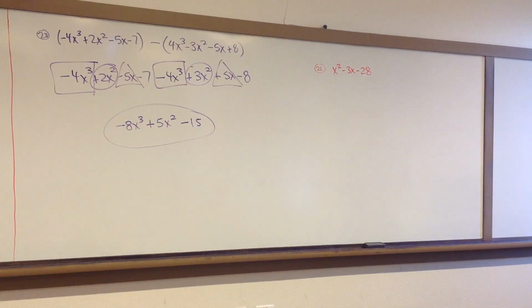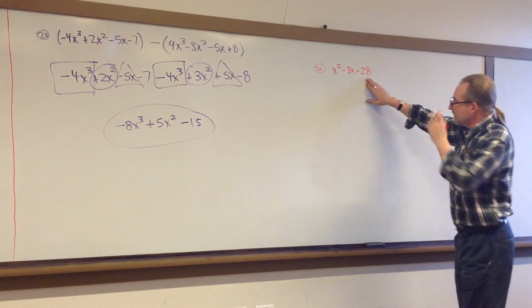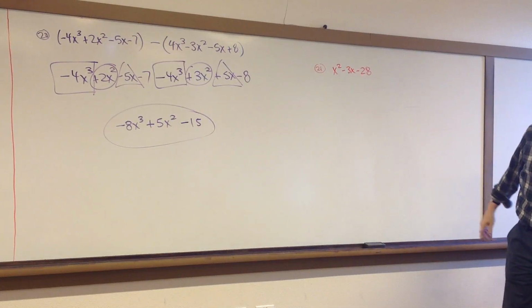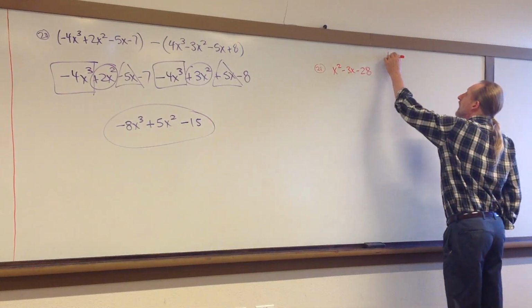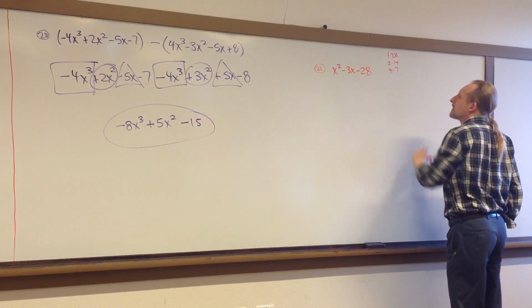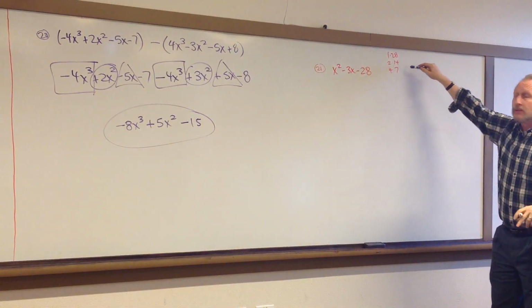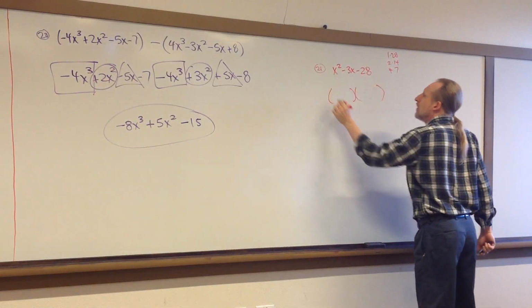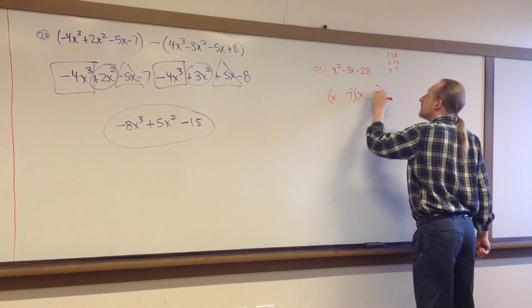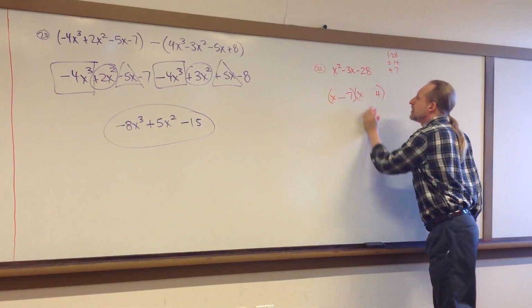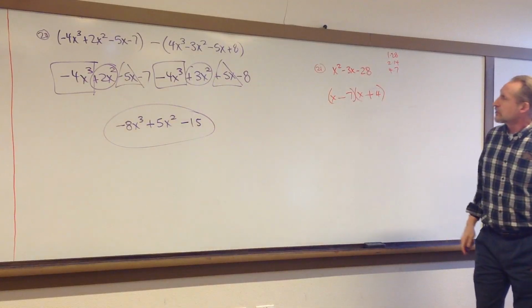So what this says is that we want factors of 28 that have a difference of 3. There aren't that many choices here. You can have 1 times 28, 2 times 14, or 4 times 7. And notice that the 7 and the 4 have a difference of 3. So, put our 7 and 4 in there. We want a negative 3. That means the 7 should be negative and the 4 should be positive.